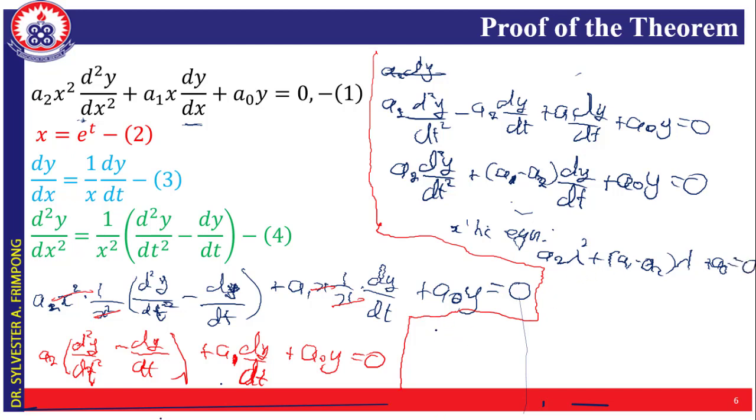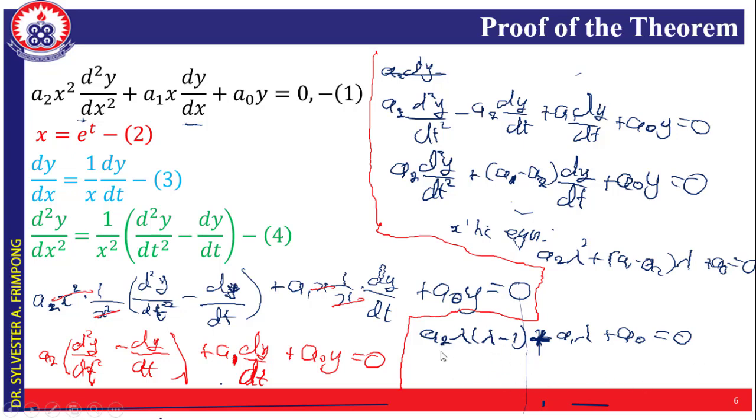And if you simplify this, you're going to get a2 times lambda times lambda minus 1 plus a1 lambda plus a naught equal to 0, if you open up the bracket and collect terms according to the constants a2, a1, and a naught, which we can factorize.